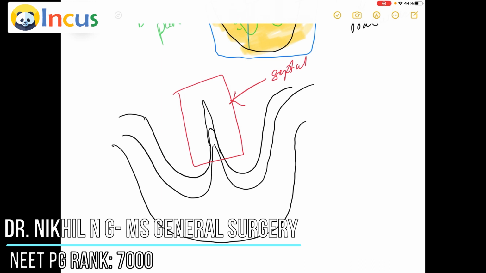There is formation of current in the septal part, and the current moves here. There is usually no contraction of the septum. It moves till a part of the septum, here. This part of the septum is the one which starts distributing the currents everywhere.